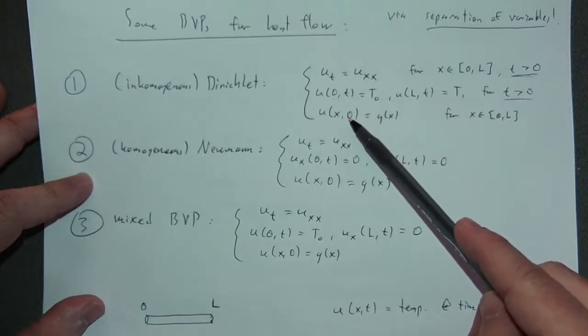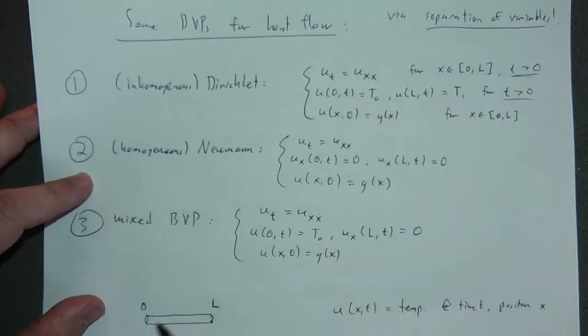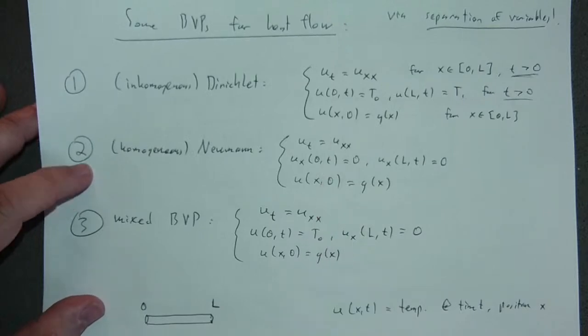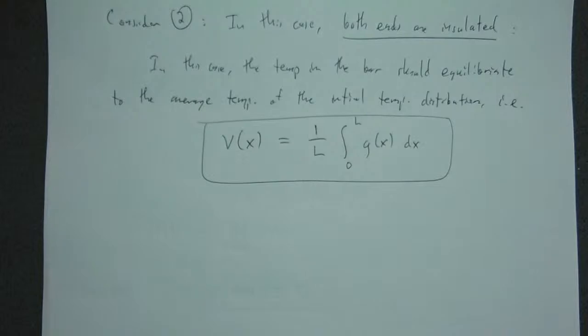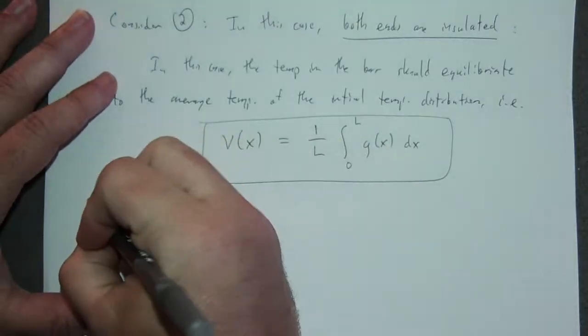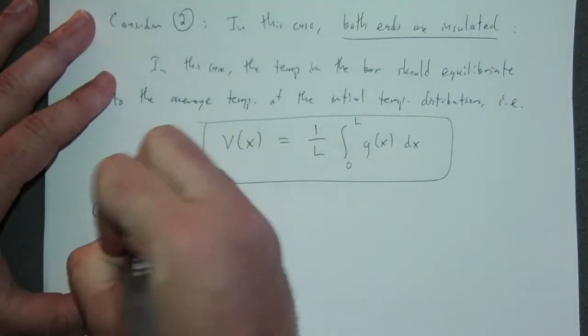Once t goes from 0 to anything positive, instantly at the ends we have T0 and T1. And those universes don't gain or lose heat in this way, so it's just instantly T0, instantly T1. So in this case, what happens? Let's consider one.